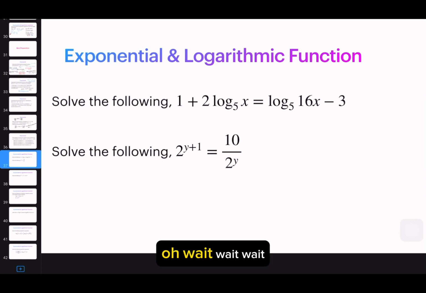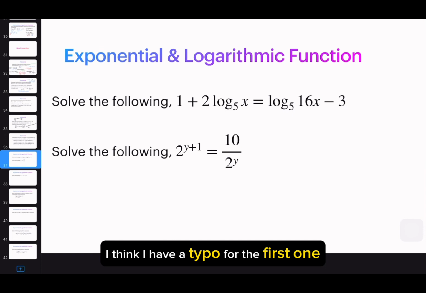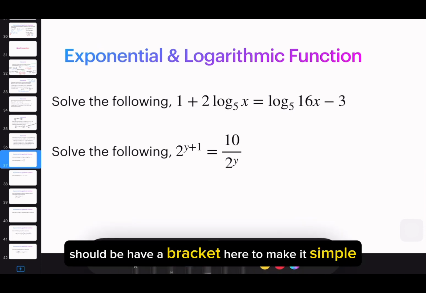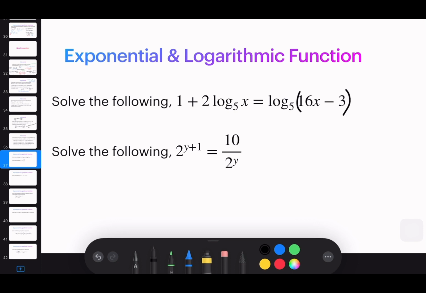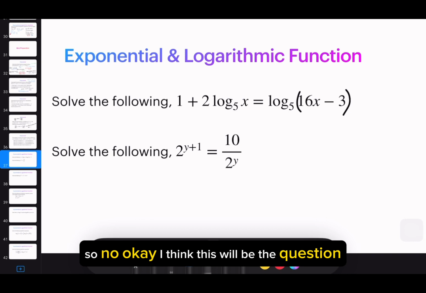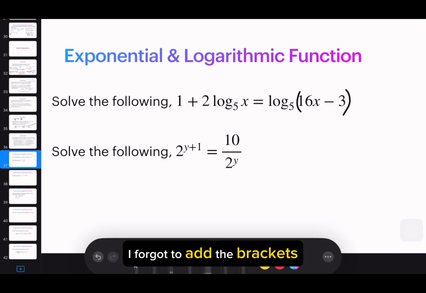Oh, wait. I think I have a typo for the first one. Sorry, I have a bracket here to make it simple. If not, then maybe you have 5 with power of 4, right? So no, okay, I think this will be the question. I forgot to add the brackets.